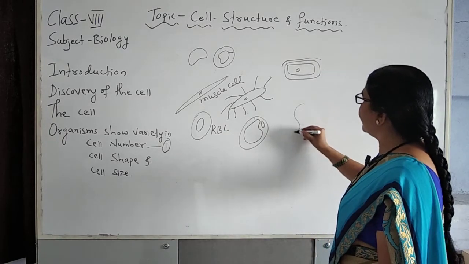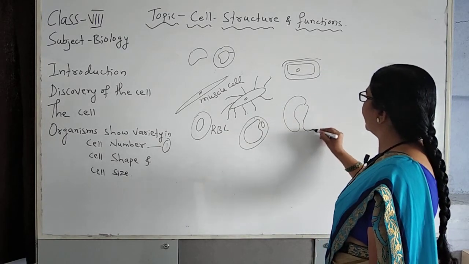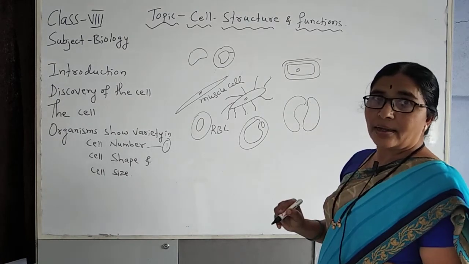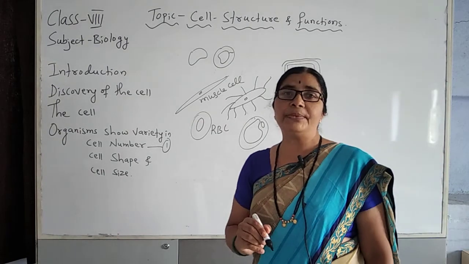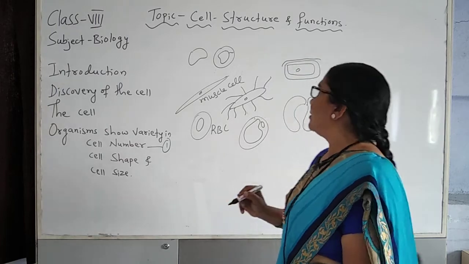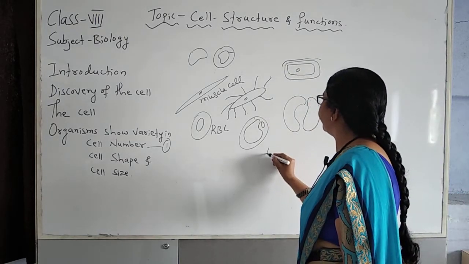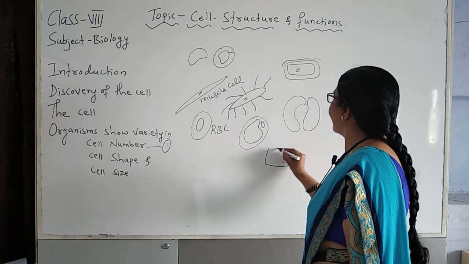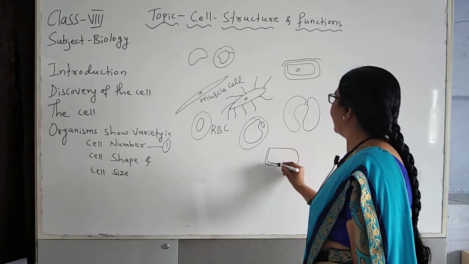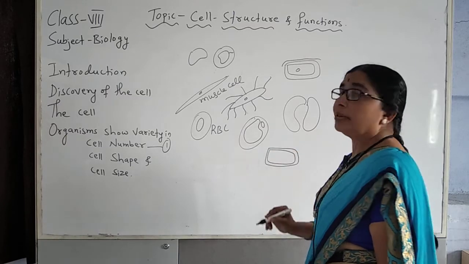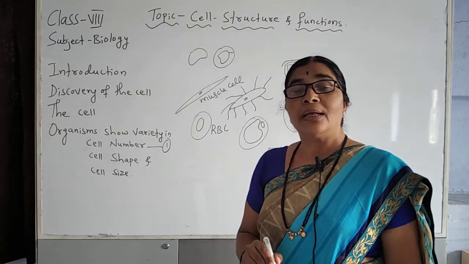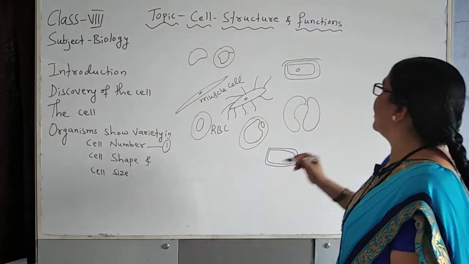Guard cell, kidney shaped: the guard cells of the stomata are kidney bean shaped cells. Epithelium, an animal cell.